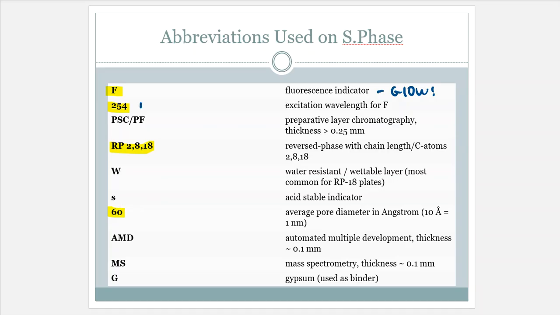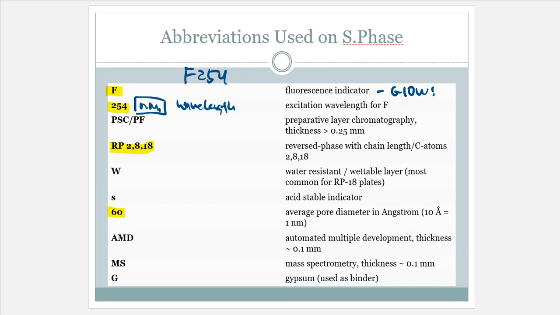The 254 is the wavelength, in nanometers, at which the fluorescence indicator will appear. There are different options with fluorescence indicators. 254 is the most common. That is what you will see very often, and for that reason, you will often see F254 on the surface of a label. It doesn't have to be 254 though.